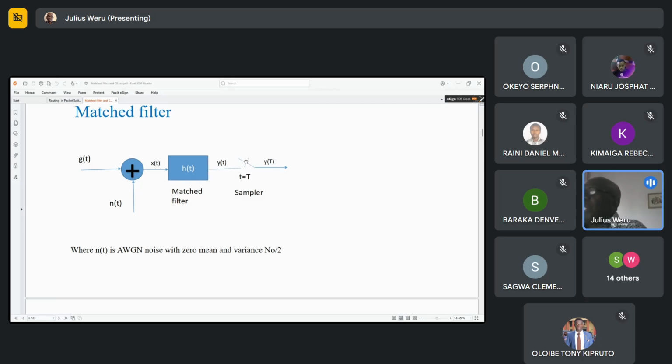After that, of course, we are sampling this, because remember these are pulses, so you need to sample them at that particular time when you expect the pulse to be a maximum. So you have to sample at nt.